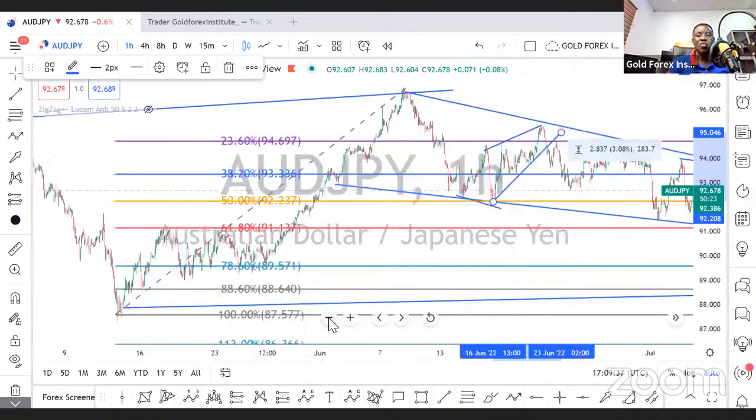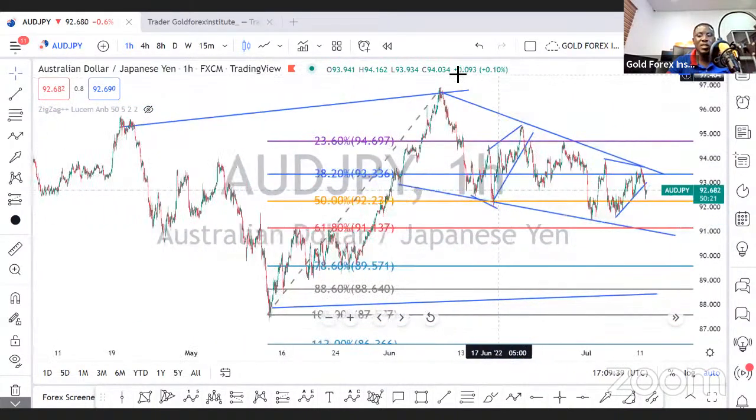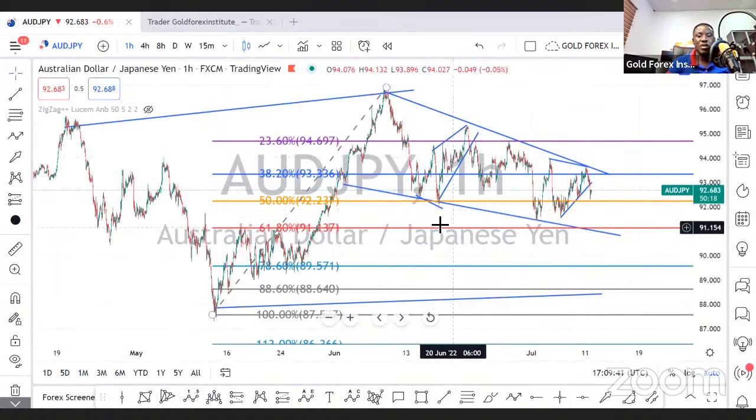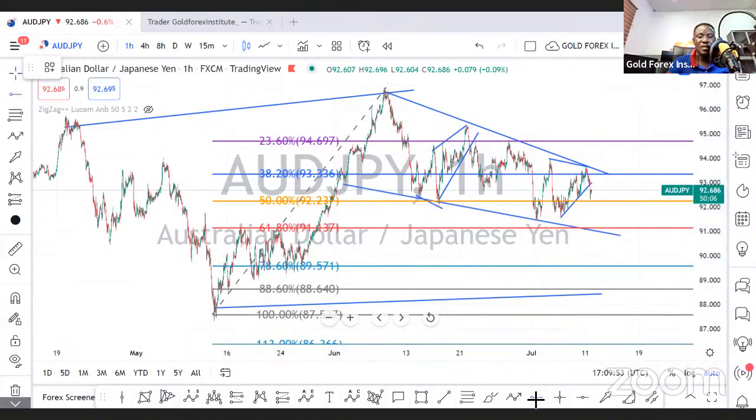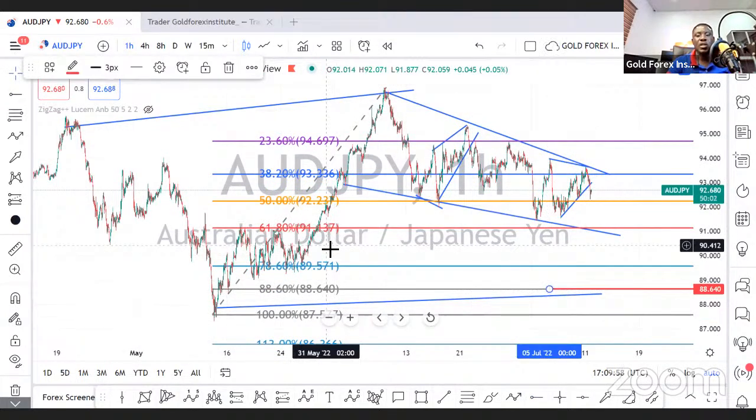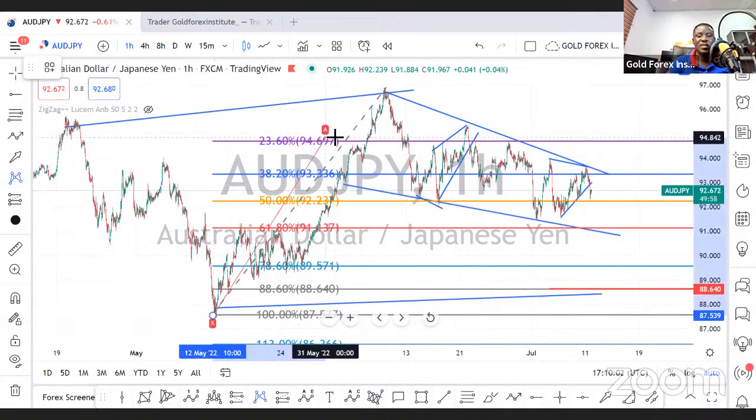Now, what is the way forward? You can see over here, the breakout of market structure ended at 50. That means our trade is going to 88.6, which will form a bat pattern, right? Which is this level. When it gets to this level, it should complete a bat pattern.